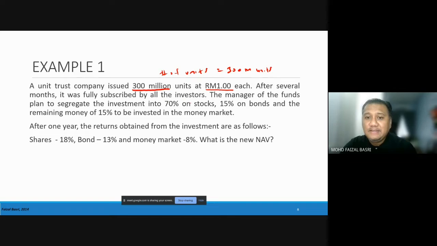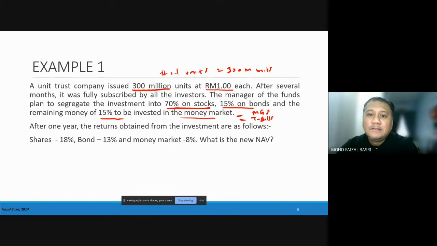Ni agak tinggi lah, maknanya ni memang equity funds. 70% on stocks, 15% on bond, and the 15% they may invest in the money market. So money market ni adalah satu jenis market yang deal with short term investment. Ada nation government securities, ada treasury bills, contoh-contoh lah investment yang ada dalam money market.